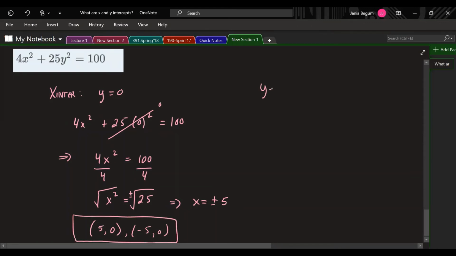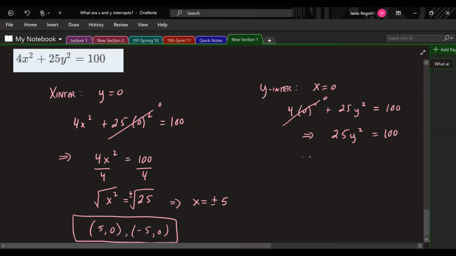Now for the y-intercept, we're going to set x equals to 0. So we will have 4 times 0 squared plus 25 y squared is equal to 100. Now this term goes to 0 because 0 times any number is 0. So we have 25 y squared is equal to 100.